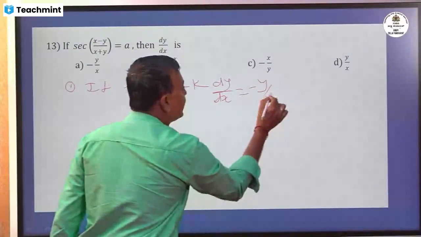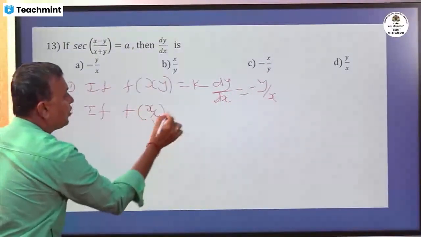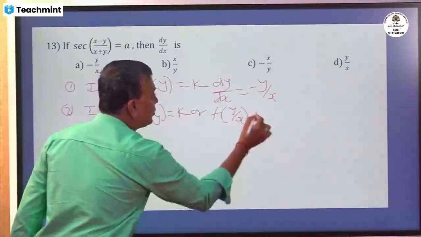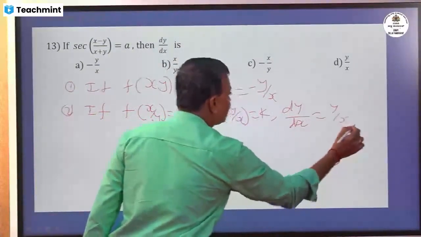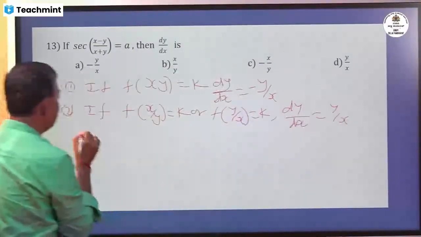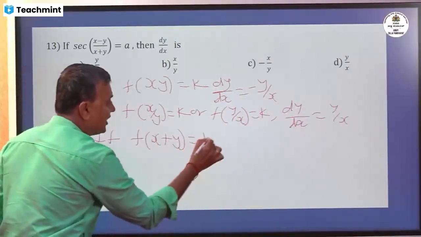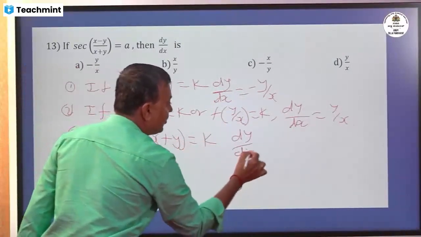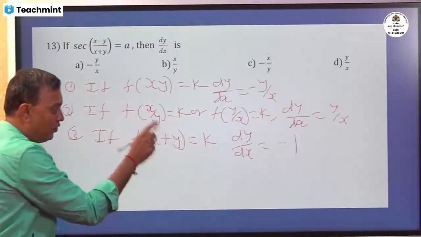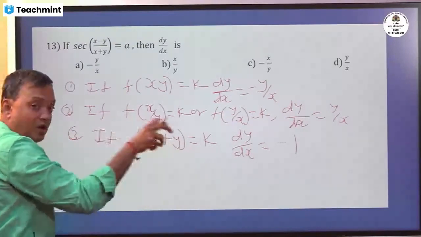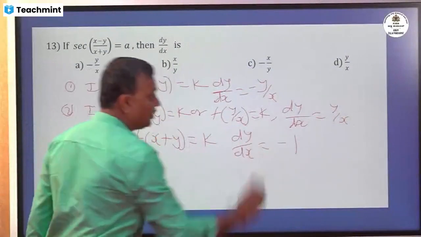If f of x by y is equal to constant, or f of y by x is equal to constant, then dy by dx is equal to y by x. Next, if f of x plus y is equal to constant, then dy by dx is equal to minus 1. Here x plus y, x derivative 1, y derivative dy by dx, 1 plus dy by dx common, equated to 0, we get 1 plus dy by dx equal to 0, dy by dx equal to minus 1.